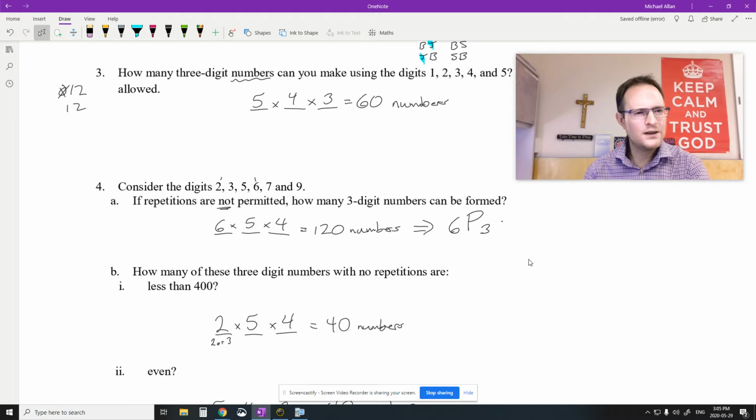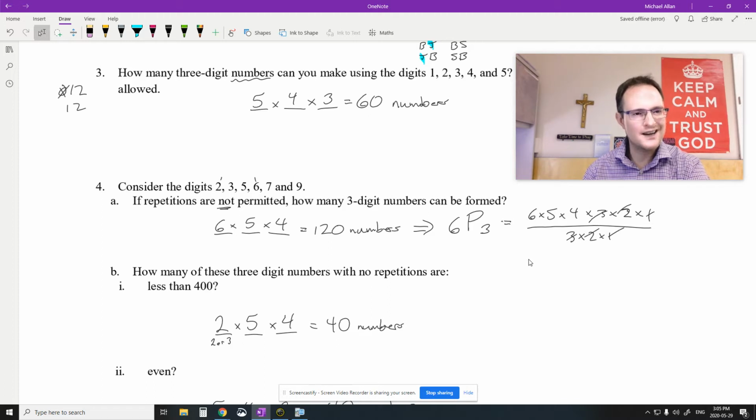Now, if you think about what's happening here, it's 6 times 5 times 4. And if I continue this on, I have 3 times 2 times 1 as well. But you notice that it doesn't have that over here on the left-hand side. So I need to get rid of those. The 3, the 2, and the 1 would reduce out.